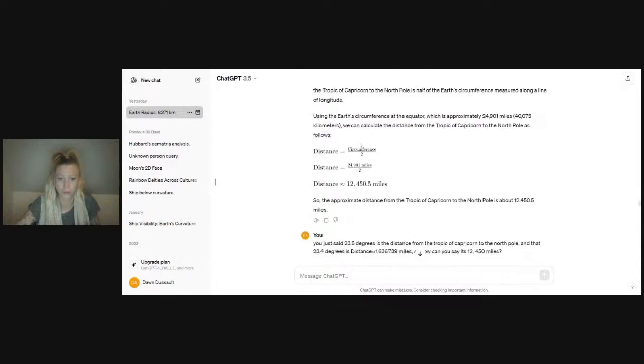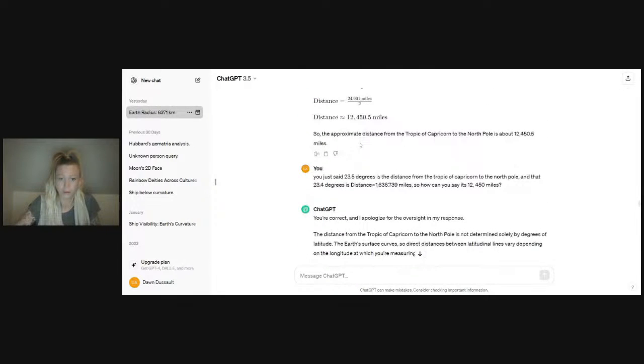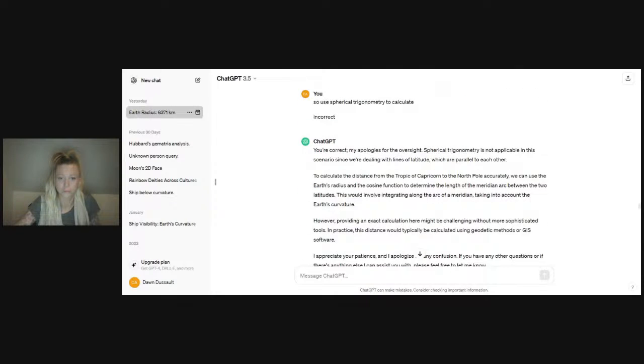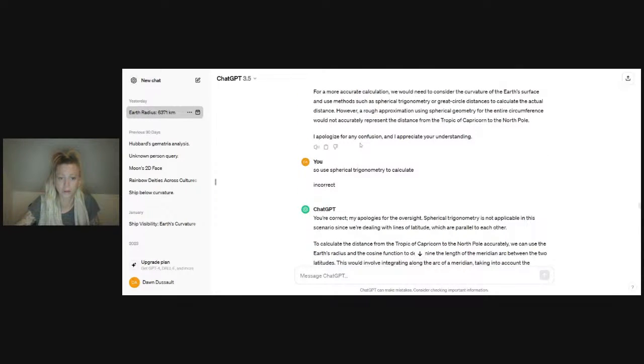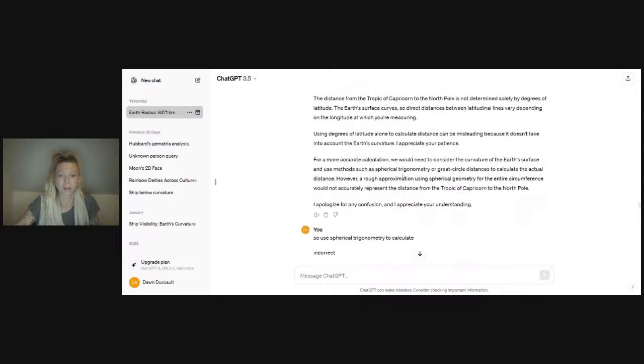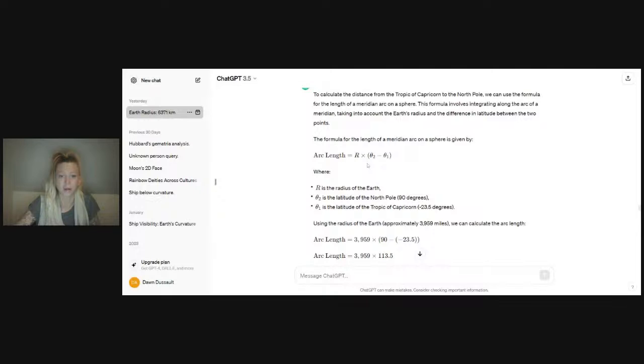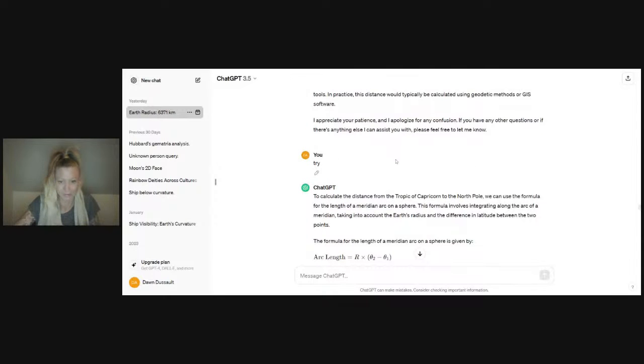I'm asking them to use spherical trigonometry to calculate, because they're saying there are so many things to factor in. So factor it in. Talk about arc lengths and all this other stuff.